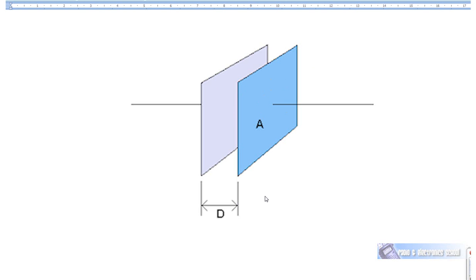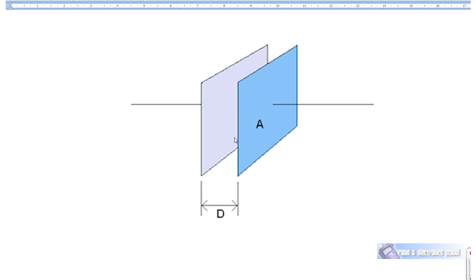The capacitance is dependent upon the area of the plates and the distance between the plates and the type of dielectric. If the area of the plates is increased, the capacitance increases.